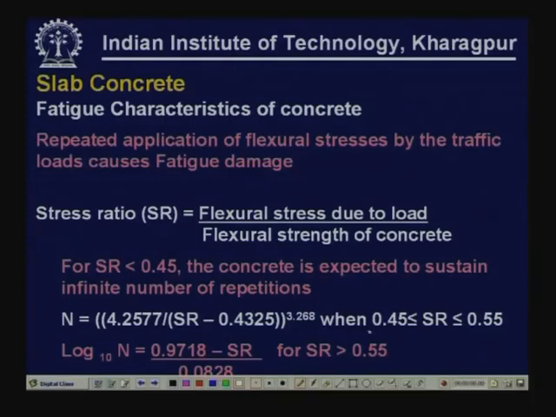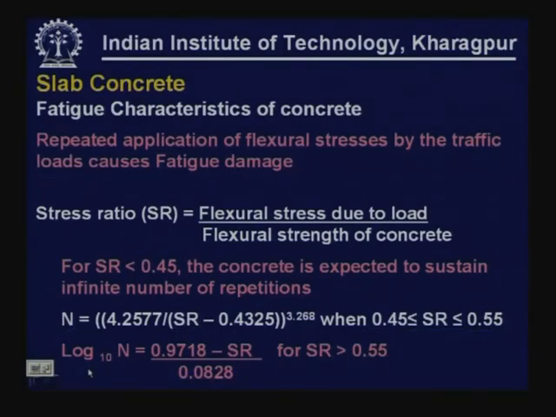For stress ratio between 0.45 and 0.55, N, the number of load repetitions to failure, is given as a function of stress ratio with this expression. If the stress ratio value is greater than 0.55, for heavier loads, it is given by a logarithmic relationship: log N is equal to (0.9718 minus SR) by 0.0828.